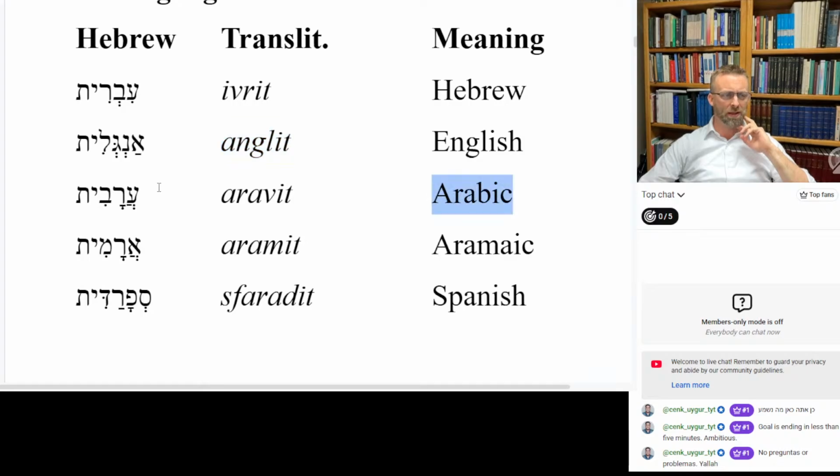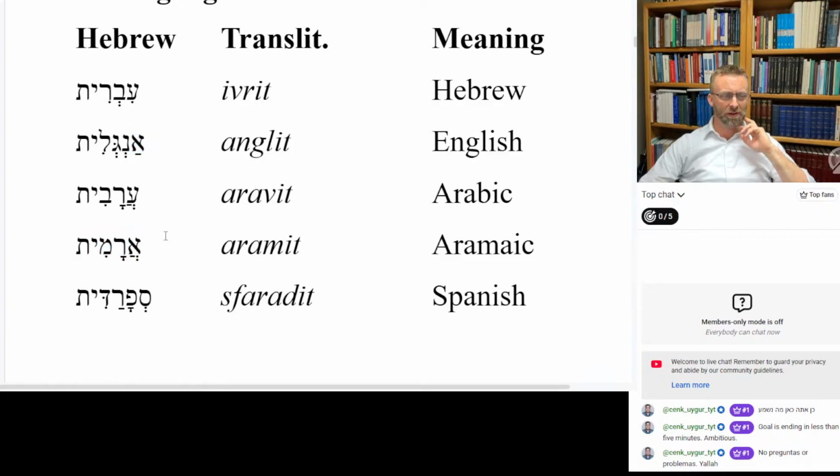Now Arabic is aravit. Notice that some of these words begin with ayin, like ivrit and aravit, and some of these that begin with the A sound or begin with a vowel begin with aleph, like anglit or aramit.